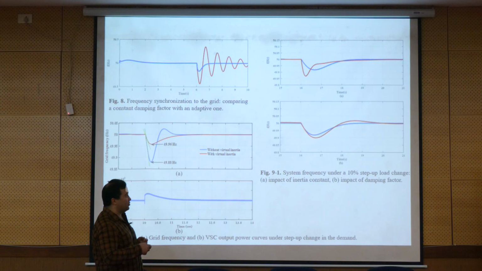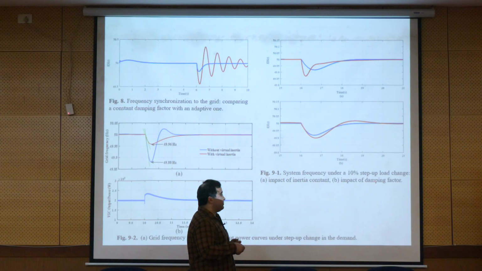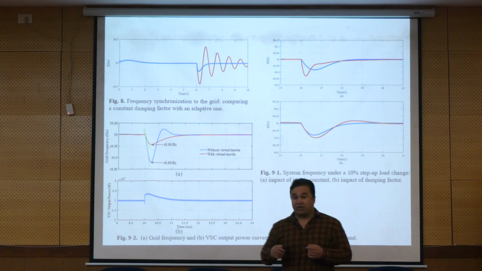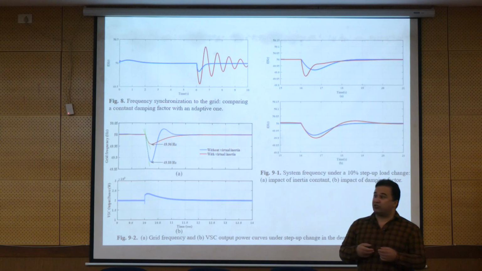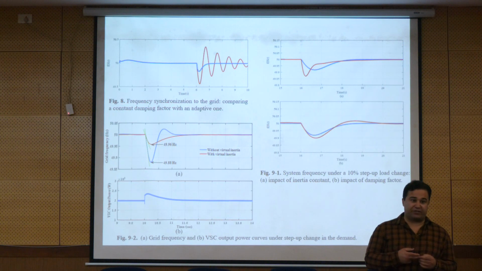At least this one is good also. So if we have a good damping factor and inertia, we can have quite a good reaction during dynamic changes in the power grid.